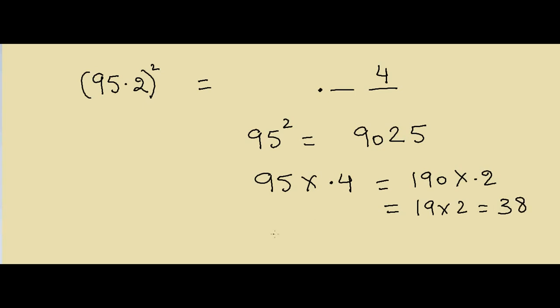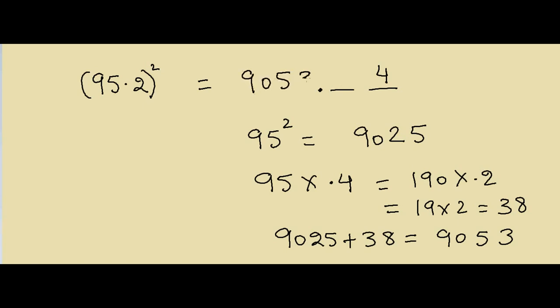So I have to add 90, 25 plus 38, that will be equal to 90, and 3, 5. So we have to say this is 905.304. So that will be the answer.